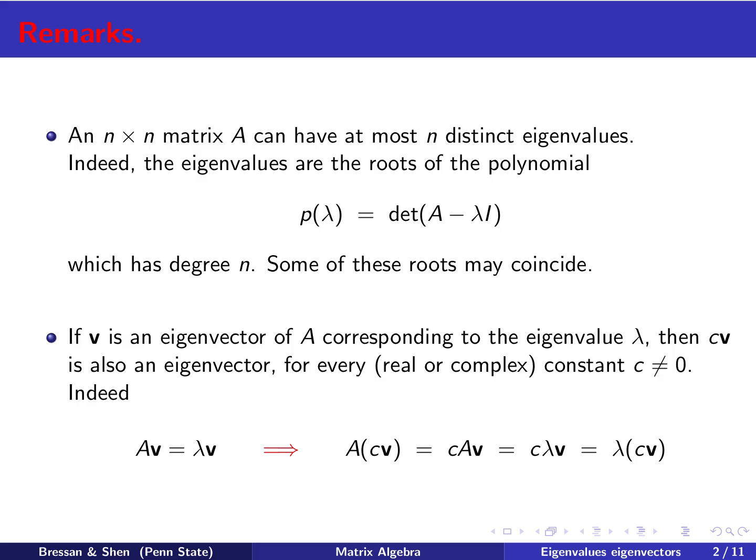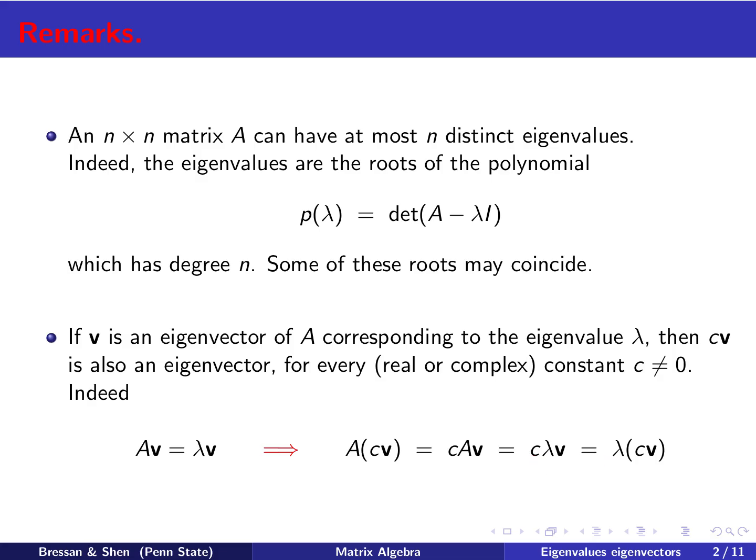Then I can multiply this V by a C. Let's compute A times CV, where C is a number. We can move this C to the front, so it becomes C times AV. Now we use the assumption that AV equals lambda V, and put it as C lambda V. Then we can switch the two numbers, since these are two scalars.